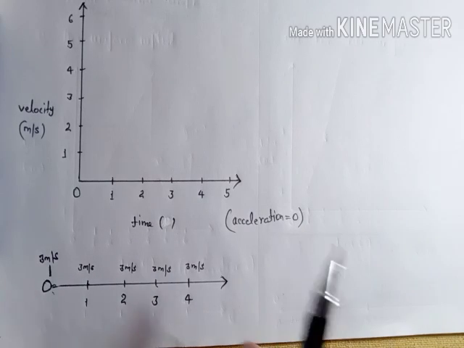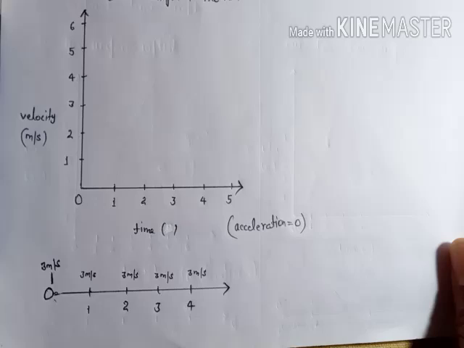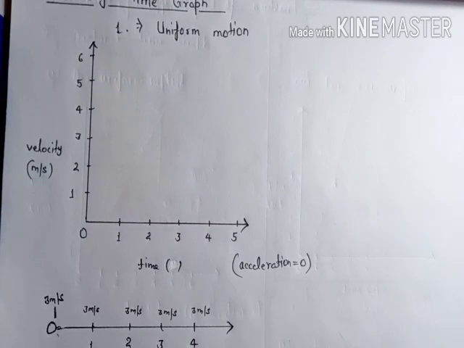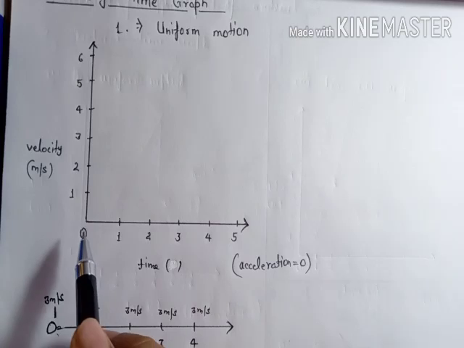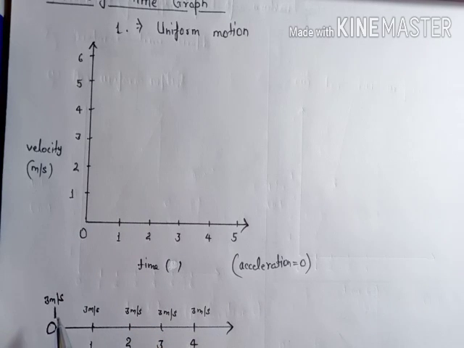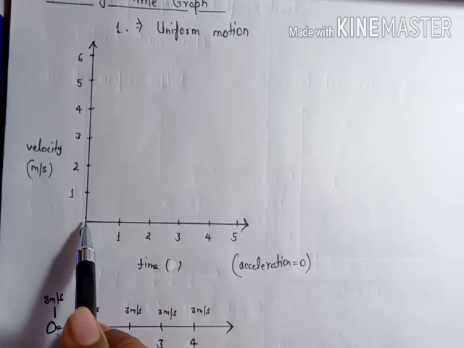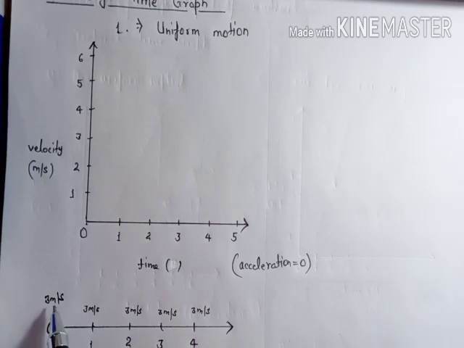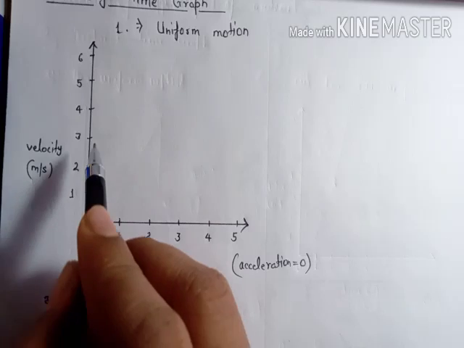So how to plot this in the graph? Can you see this? Yes. So you can see this graph here, both the lines. At the initial instant, when you start your seconds counting, at 0 seconds the body is still moving with 3 meter per second velocity, so you have to plot it here.